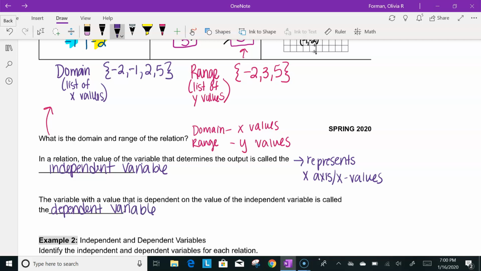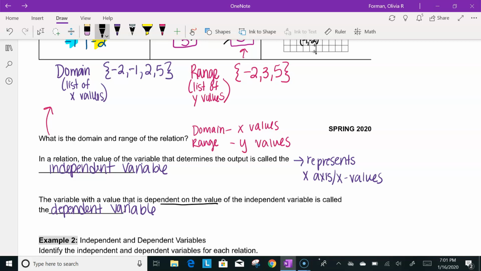So typically, the independent variable is something that is changing and sort of can be controlled. And then what happens with that independent variable, that would be how you get your dependent. So the dependent variable is the variable with a value that is dependent on the value of the independent.